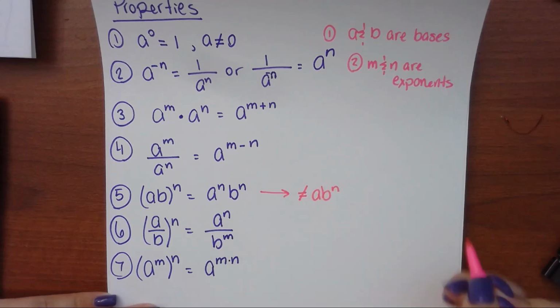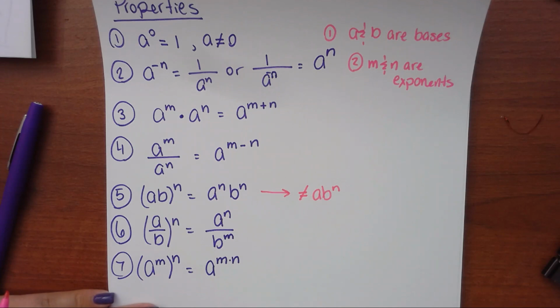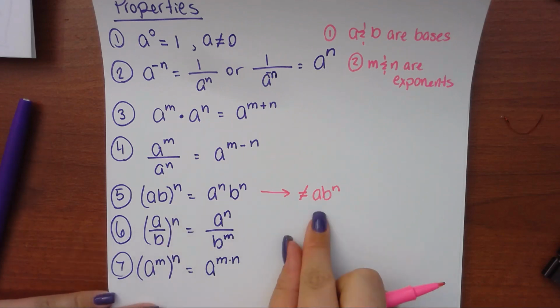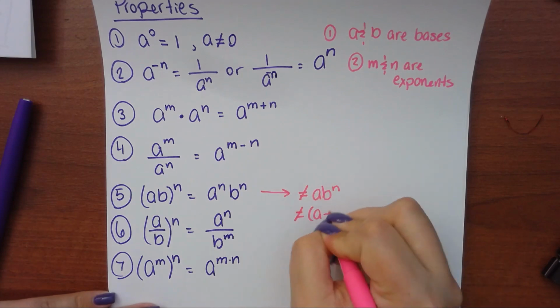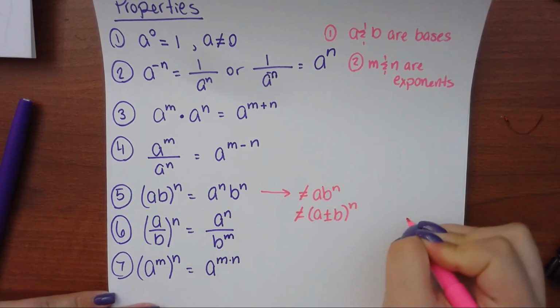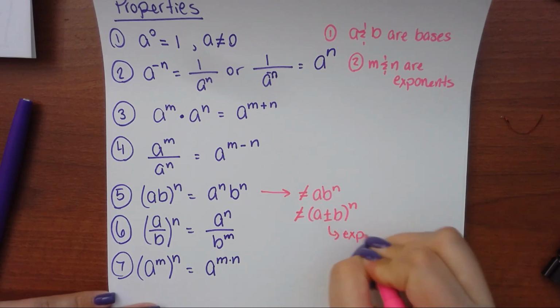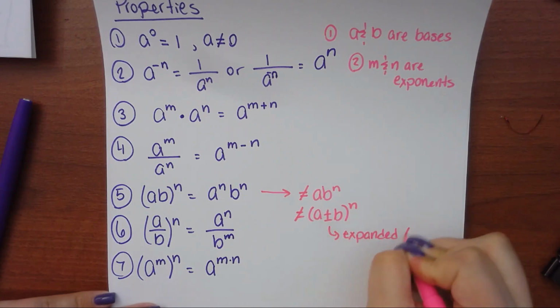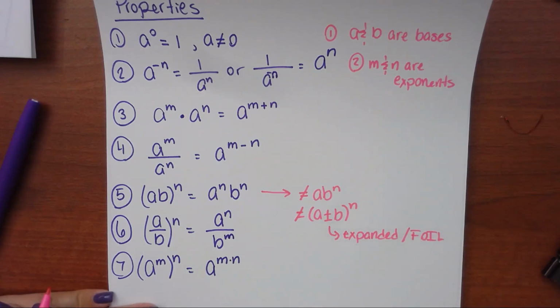They have to have parentheses in order for it to be able to be distributed, okay? So this is not the same thing. And you cannot do this for a plus or minus b to the nth power. This has to be expanded and FOILed. Okay, so that's for these.